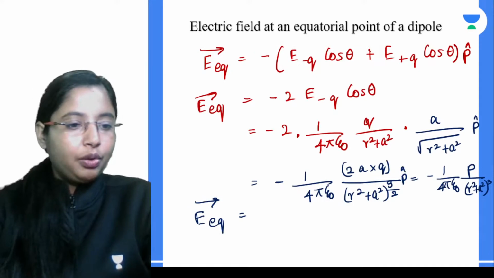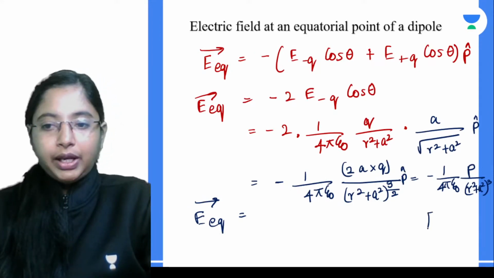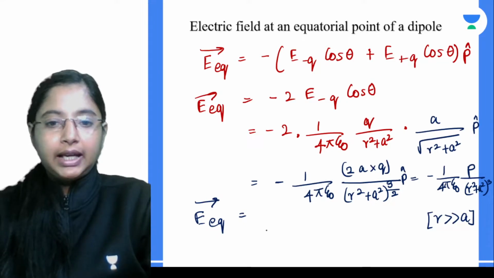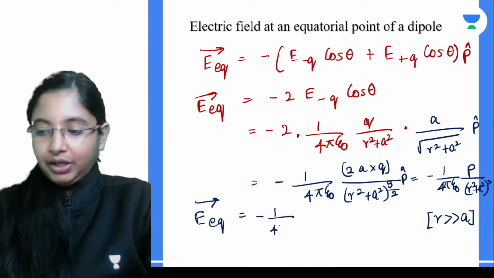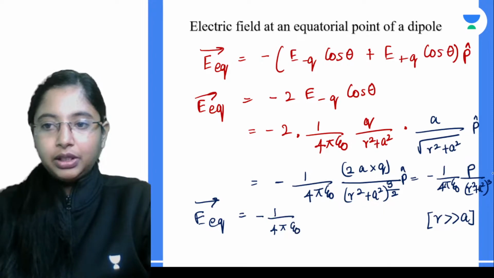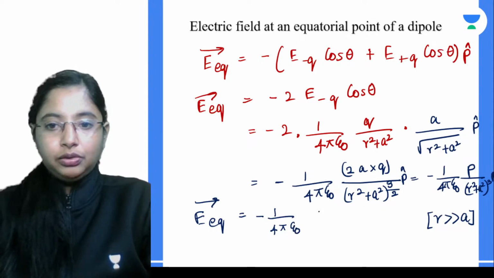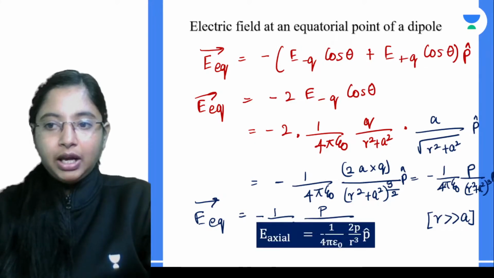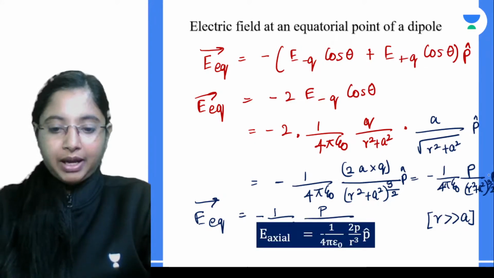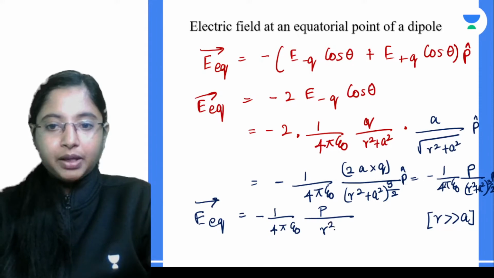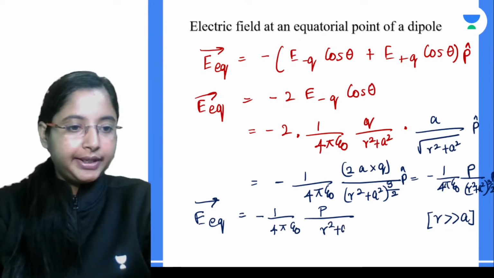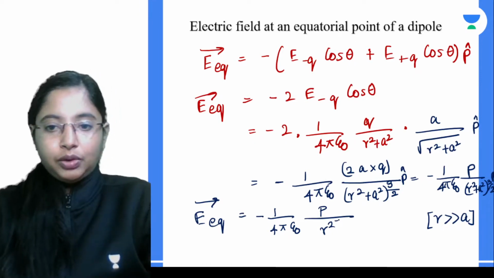So when r is extremely greater than a, we can neglect a square. Then we will have 1 by 4 pi epsilon naught into p divided by, since r square plus a square is essentially r square because r is much greater than a, the whole to the power of 3 by 2, p cap.